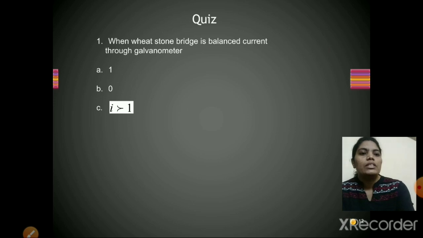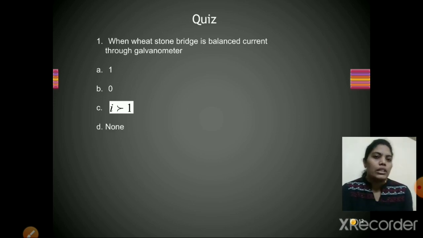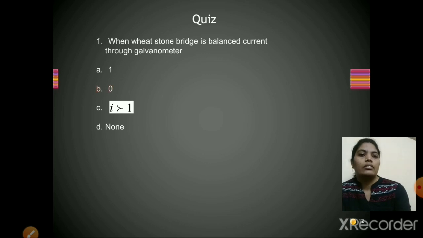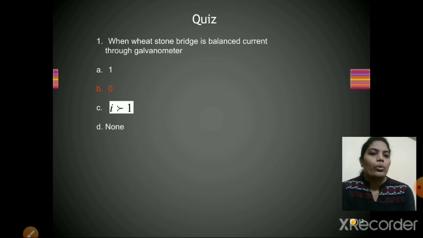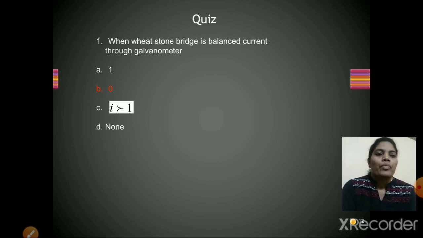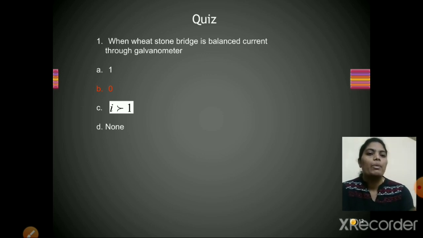When the Wheatstone bridge is balanced, current through the galvanometer is 1, 0, greater than 1, or none. It is 0. A very important point to remember is that to balance the Wheatstone bridge, the condition should be that current through the galvanometer should be equal to 0.